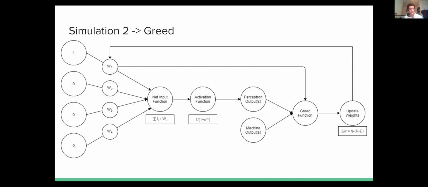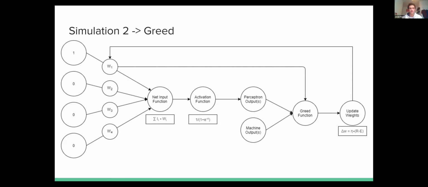This was done by having the greed function decide to only update the weights depending on how much the perceptron perceives the weight as. So to put this into better context, if we take a 0.7 weight for the first discriminative stimulus, this would mean that there would be a 70% chance of the weight being updated for each cycle of perceptron experiences, meaning that the weights are updated relatively more frequently for the higher perceived probabilities than for the lower perceived probabilities. And that's in order to simulate greed.